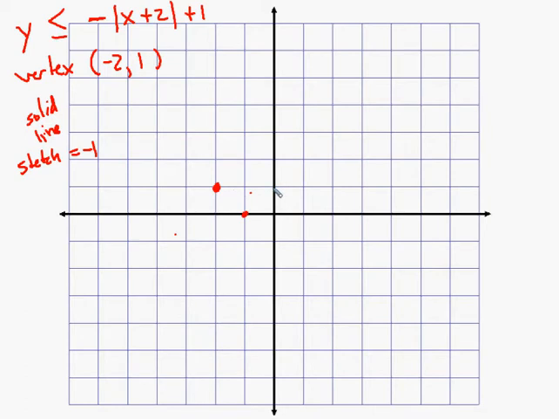But I multiply times my stretch factor, so I go down 2. And hopefully that's enough that we see our pattern here. Now, this is a solid line, so I go ahead and connect those. And I should be extending my line off the graph, just so it covers the whole thing.